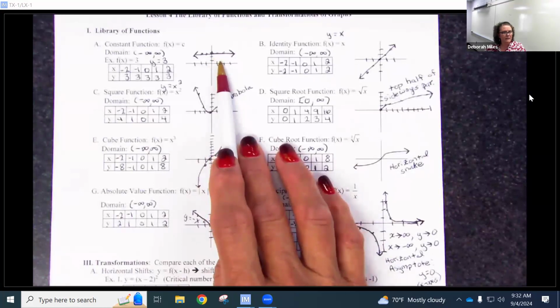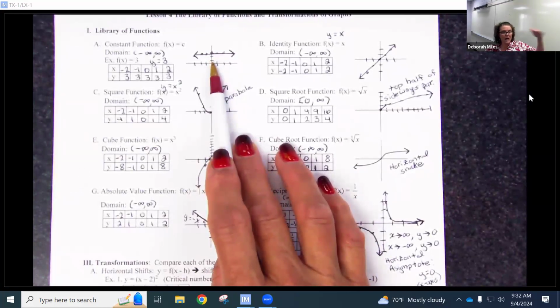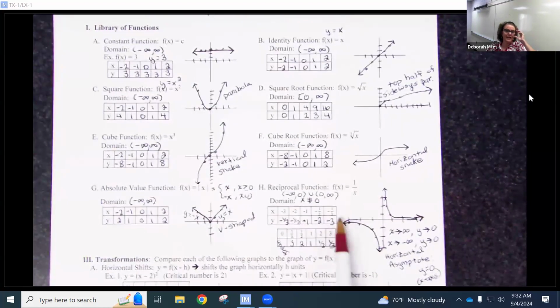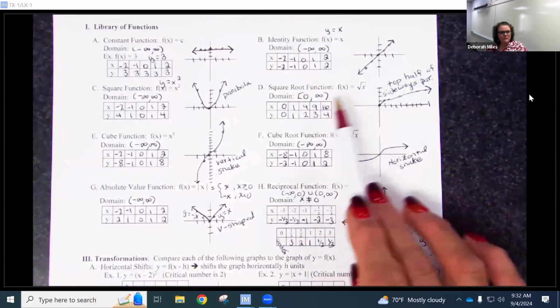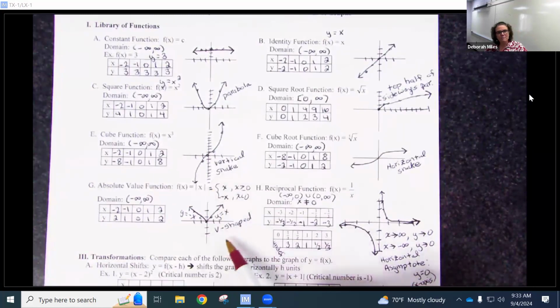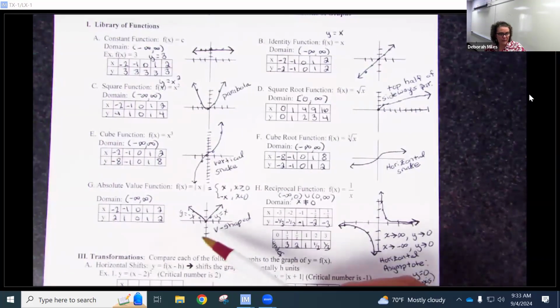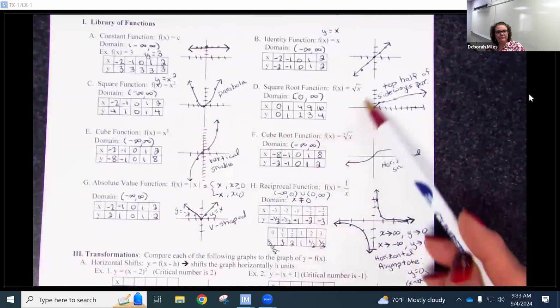Not necessarily the horizontal line. It may not go through the origin, and certainly the reciprocal function can't go through the origin, but all of the rest of these go through the origin, and something important happens at the origin. We're going to call 0, 0 the critical point for all of these graphs.